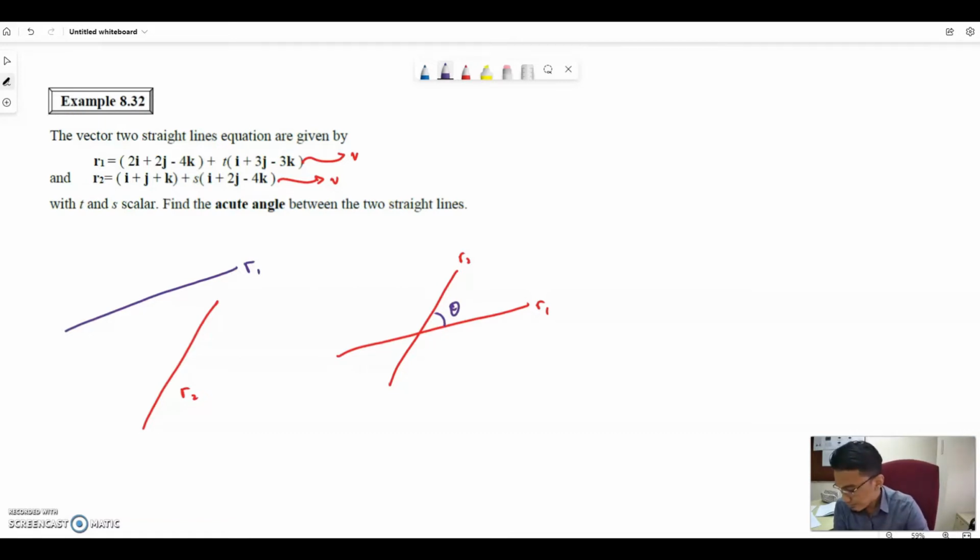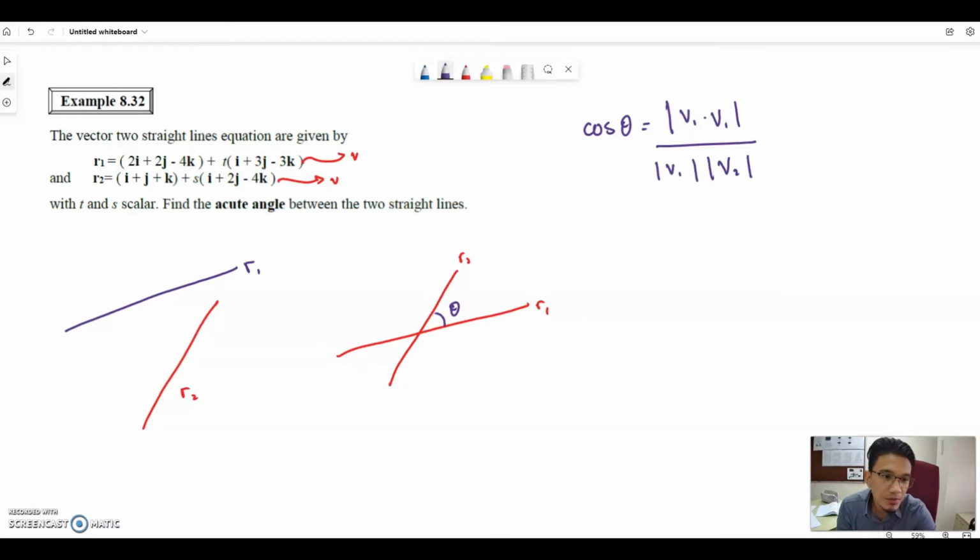Based on the formula, cosine theta must be equal to the modulus of V1 dot V2 over the magnitude of V1 multiplied by the magnitude of V2. Then our theta will be equal to cosine inverse. For V1 dot V2, that will be 1 multiplied by 1, plus 3 multiplied by 2, plus negative 3 multiplied by negative 4.